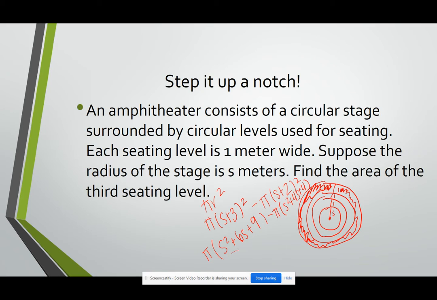I'm going to look at just the polynomials and subtract inside. S squared and s squared goes away. 6s and 4s gives me 2s. 9 minus 4 gives me 5. And we can put the pi on the outside. I'm not going to make you distribute, and we would leave it like that.